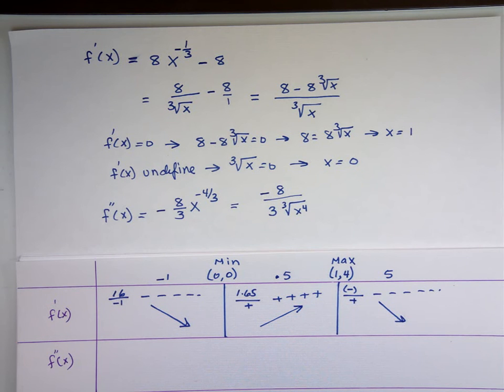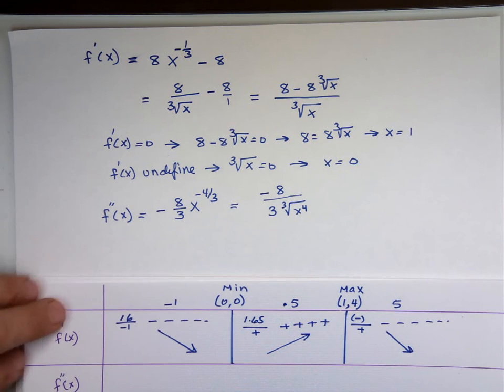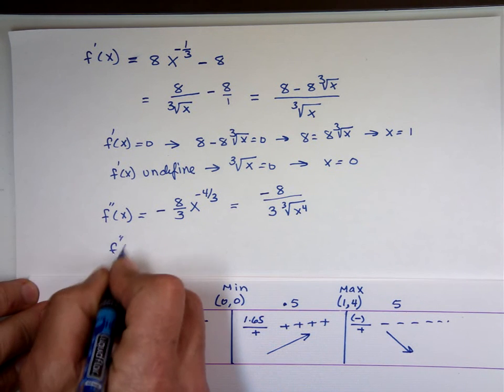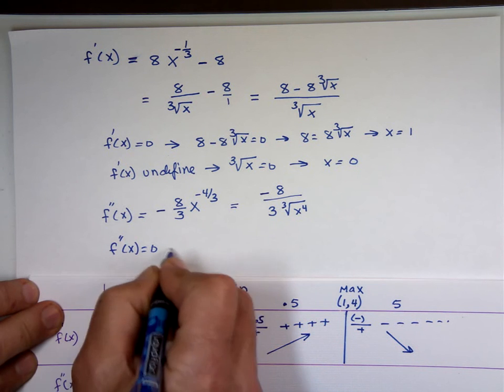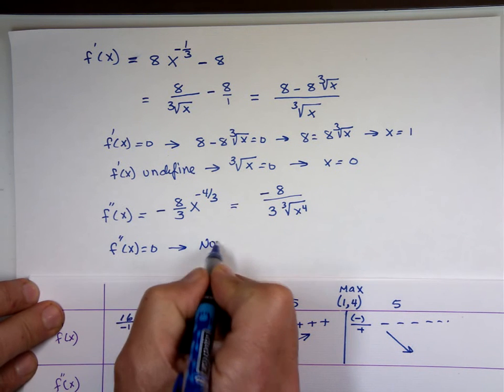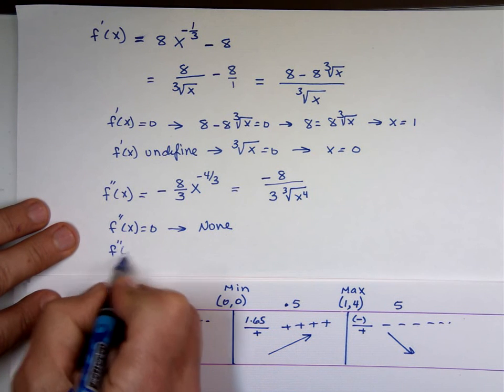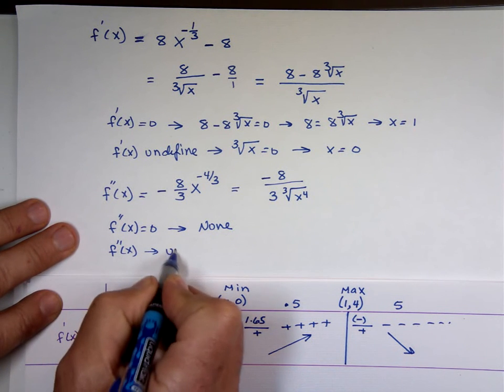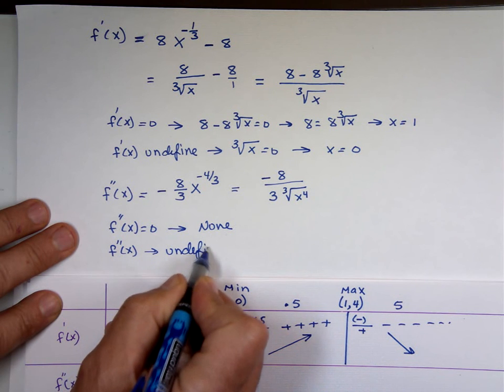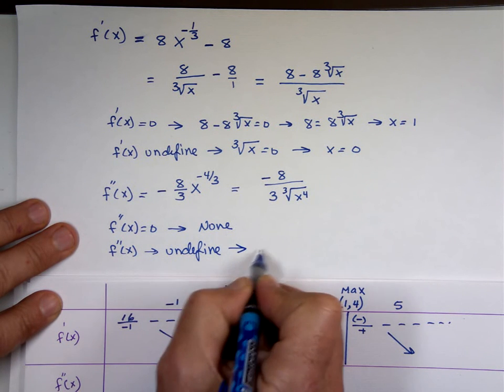When is the second derivative equal to 0? None. When is the second derivative undefined? When the bottom is 0, that means x is 0. When the bottom of that fraction is 0.